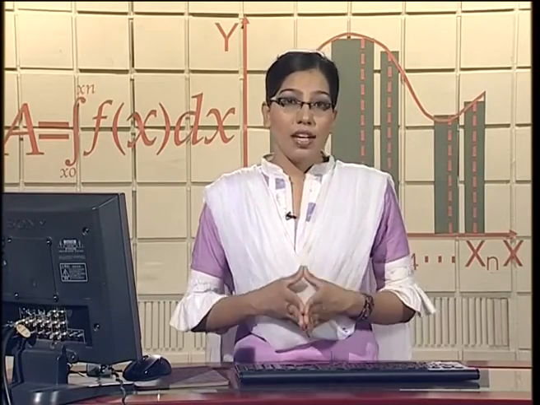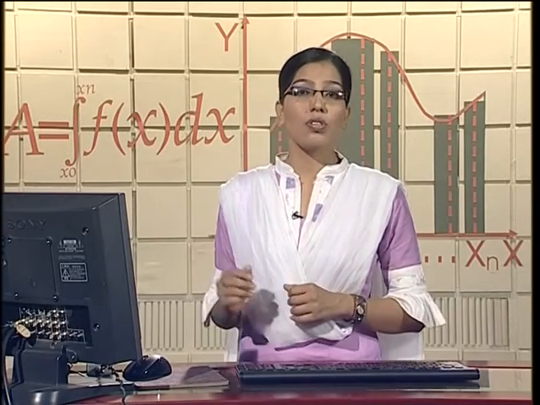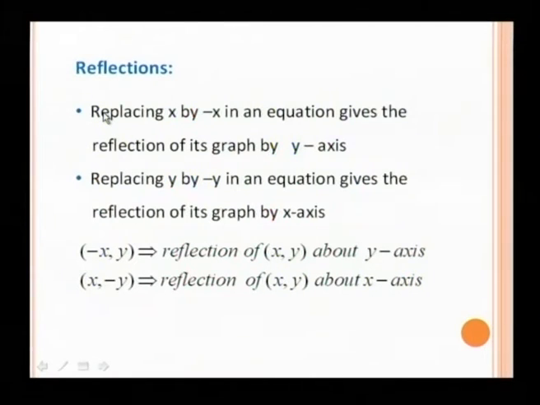The next topic to study is the reflection about the x and y axes. You can see the definition of reflection on the screen. For reflection, replacing x by minus x in an equation gives the reflection of its graph about the y-axis, and replacing y by minus y in an equation gives the reflection of its graph about the x-axis.